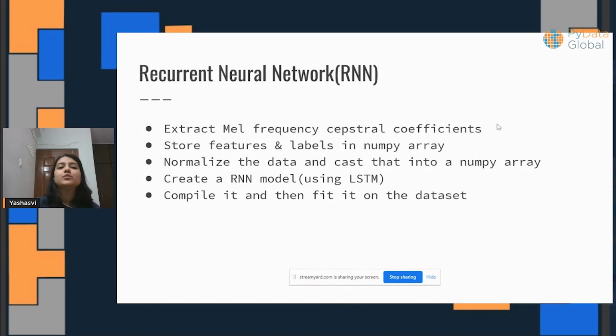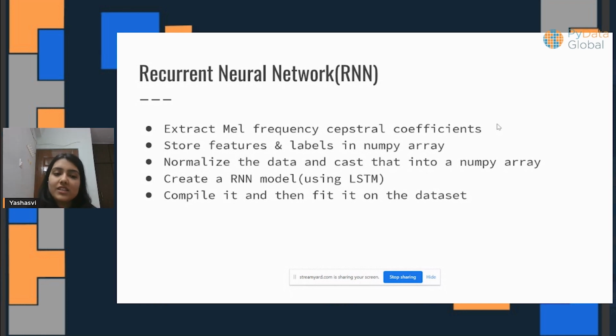Then we went forward with the recurrent neural network. So this was the second step that we took. Here, as MEL spectrogram was being used in the case of CNN, for RNN, MEL frequency cepstral coefficients were the feature that was extracted using librosa.